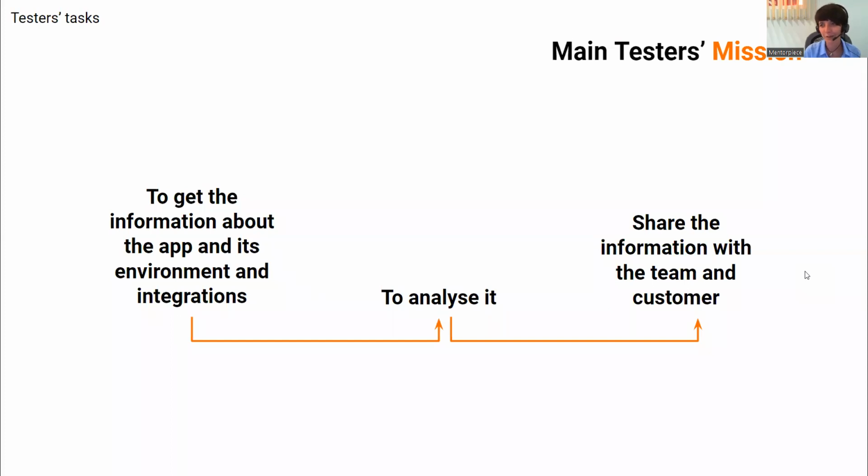And automated testers are doing the same, but with special scripts. But the mission is the same, because the automated testers are collecting the same information. They have some special reports from the automation, and they analyze these reports and share the information the same way.